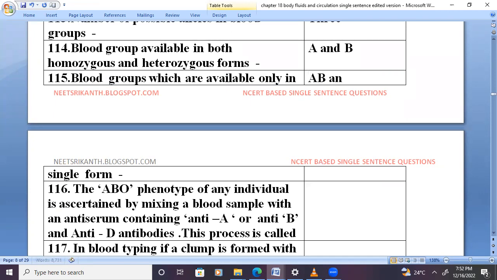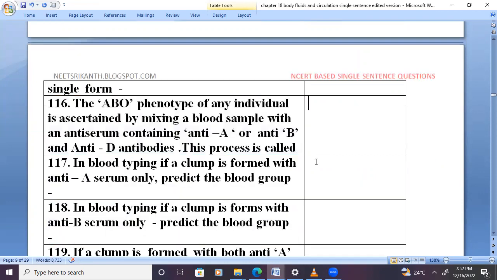Blood groups available in only a single form: AB and O. The ABO phenotype of any individual is ascertained by mixing a blood sample with an antiserum containing anti-A or anti-B and anti-D antibodies. This process is called blood group testing.